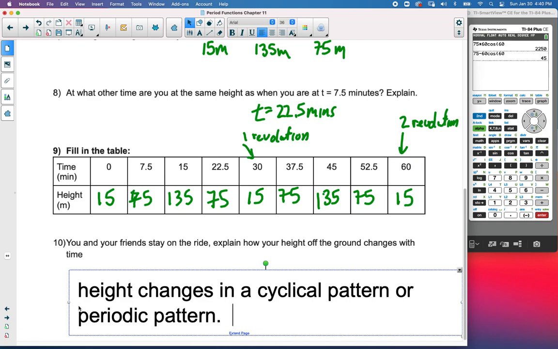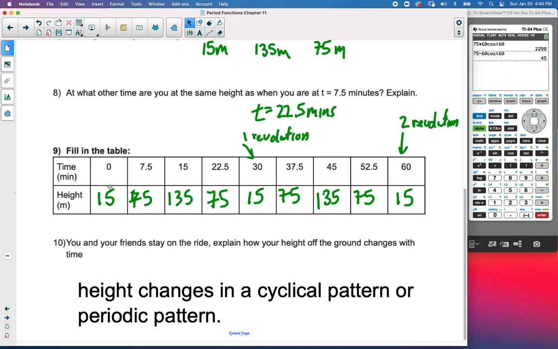So if we're here, I know in 30 minutes I'm going to be back there, and then in 30 minutes I'm going to be back there. When I'm at the top, at 15 minutes, I know every 30 minutes I'm going to be back at the top. And so there's this cyclical pattern that's happening, this periodic pattern, that over a certain interval I'm going to reach the same height again. That's a periodic function. And so there we have page 2.